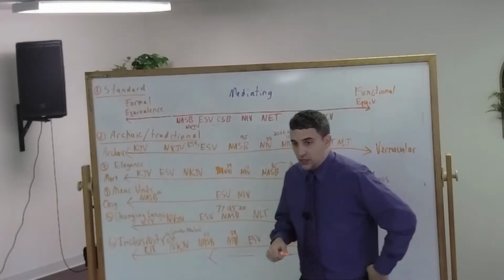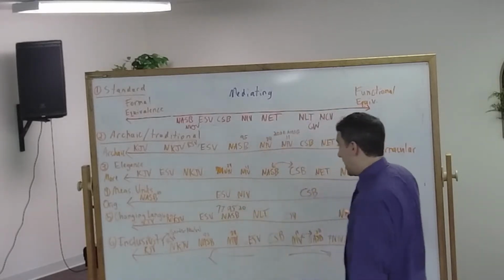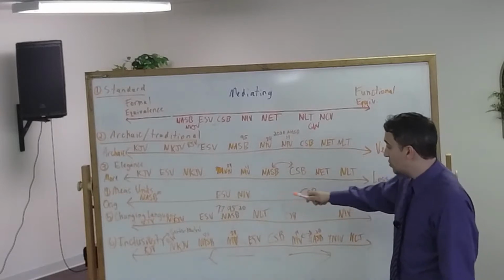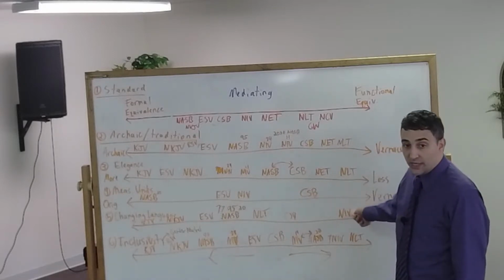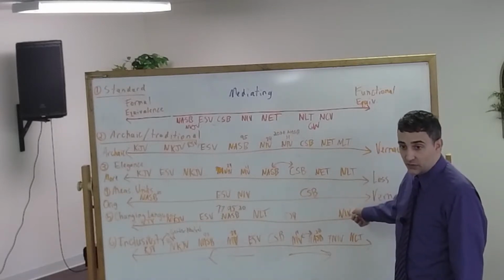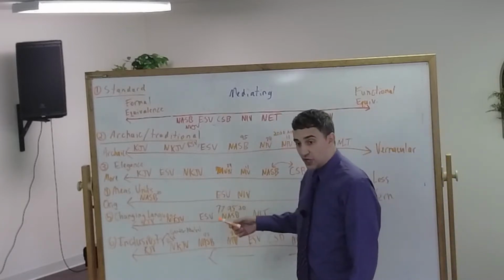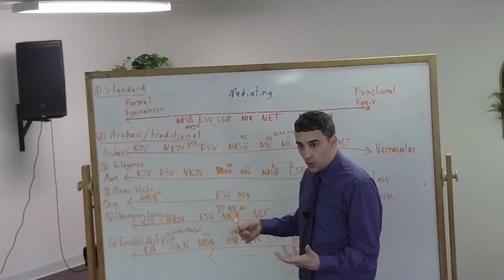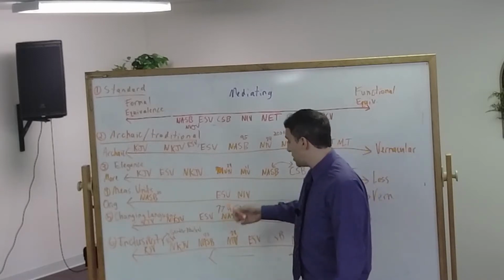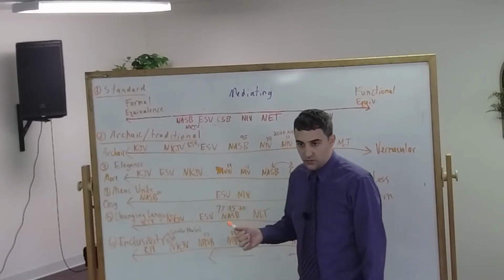So the NIV says that language changes so often that we need to have an update every 10 to 15 years. The New American Standard apparently says language changes and scholarship updates so often that we need to update every 15 to 25 years.